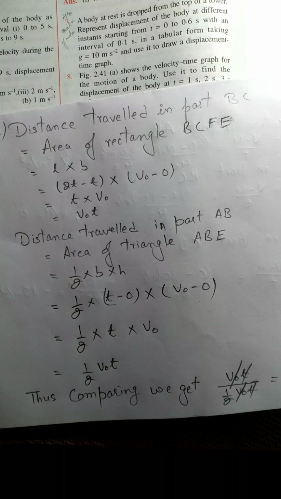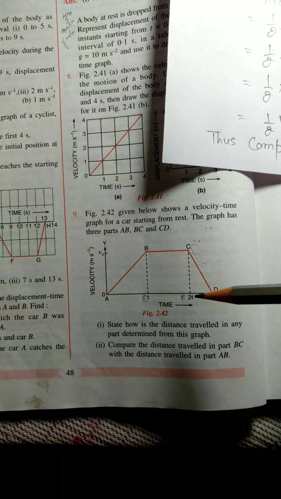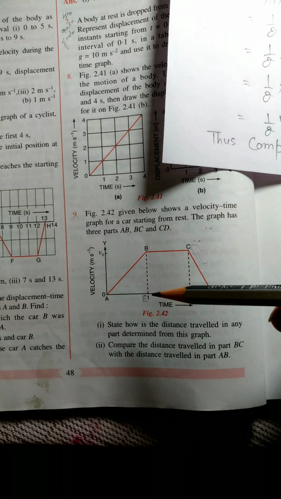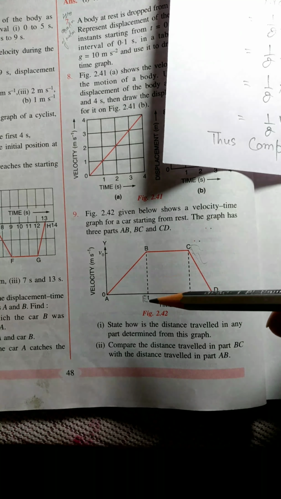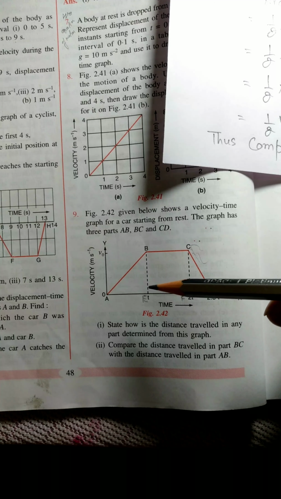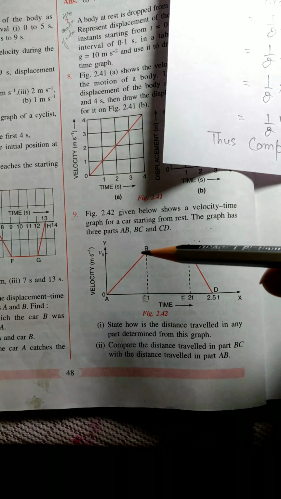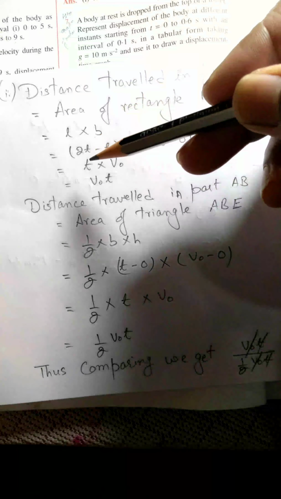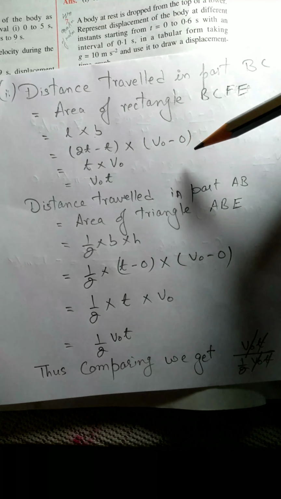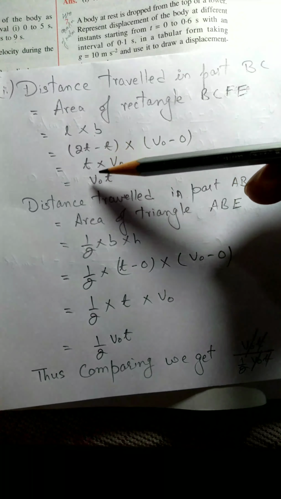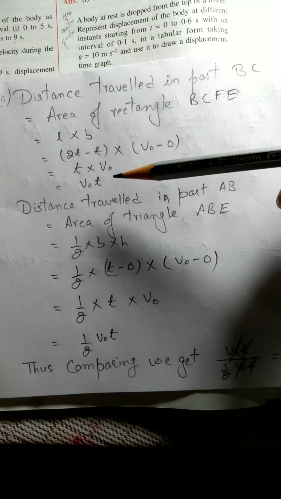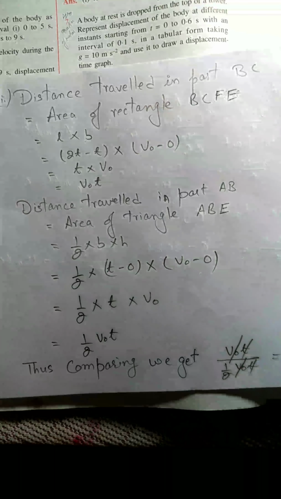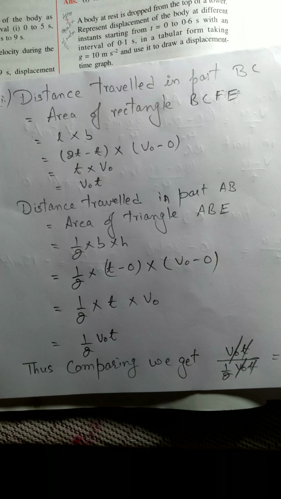The length is 2t minus t, and the breadth is v0 minus 0. So 2t minus t gives t, multiplied by v0 minus 0 gives v0. If I multiply these two, I get v0 t. This is the distance traveled in part BC.